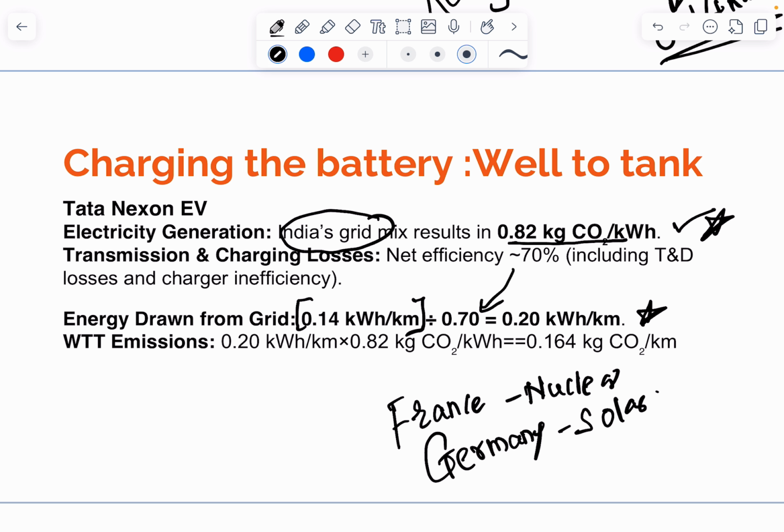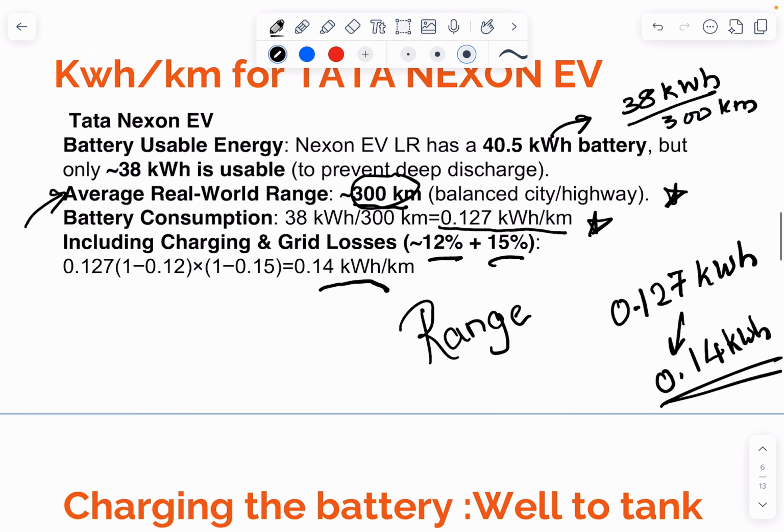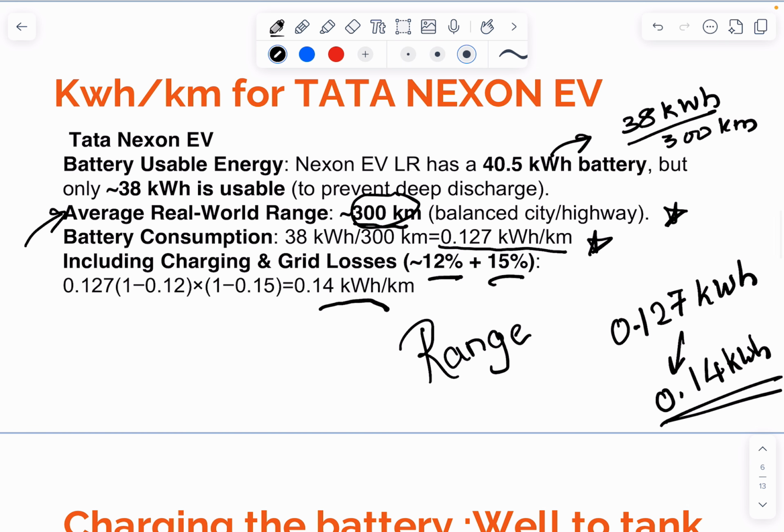So this is 0.7, where we are considering the transmission and distribution losses, and the charging inefficiencies. Now you might say that I'd already considered this here, right?